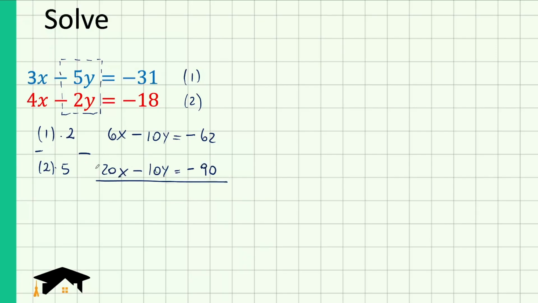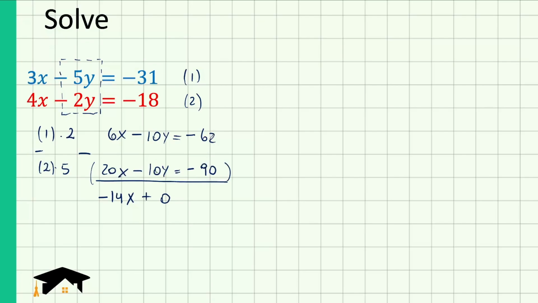remembering that when we subtract, we have to change all the signs. And now we will have 6x minus 20x. This is minus 14x. Minus 10y minus minus 10y is 0.